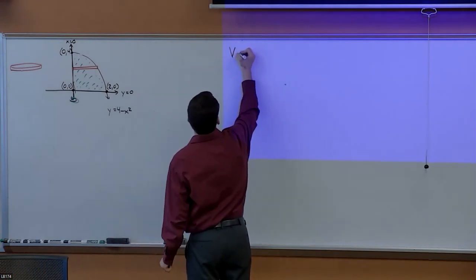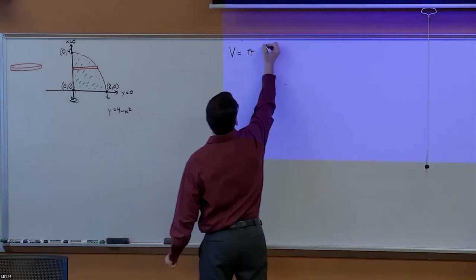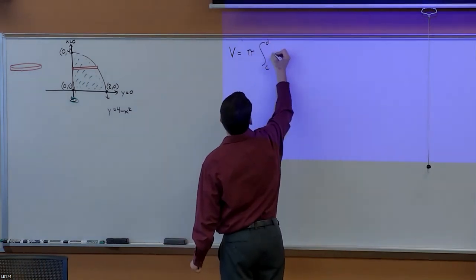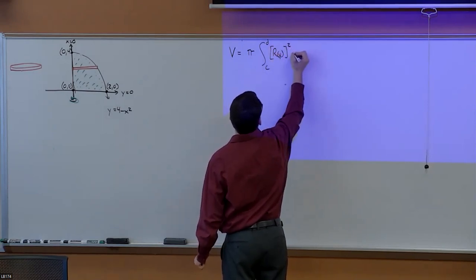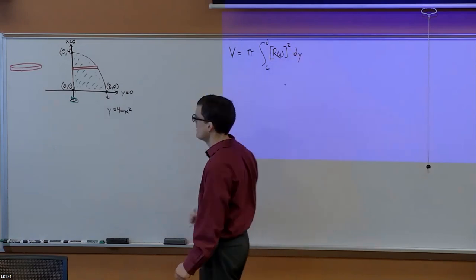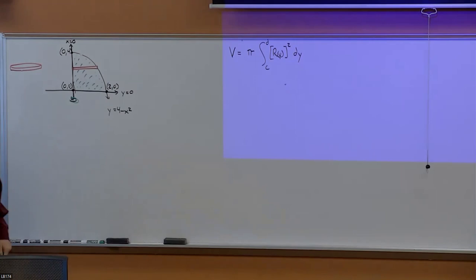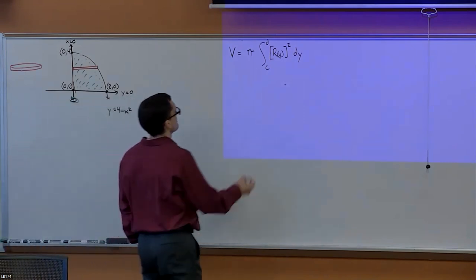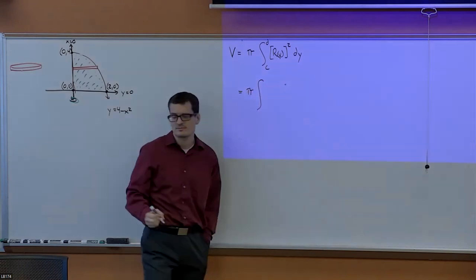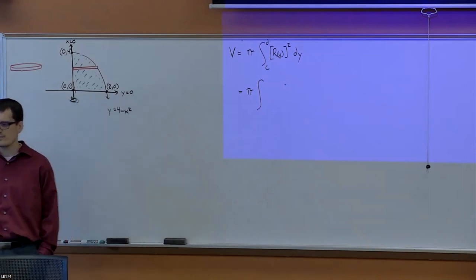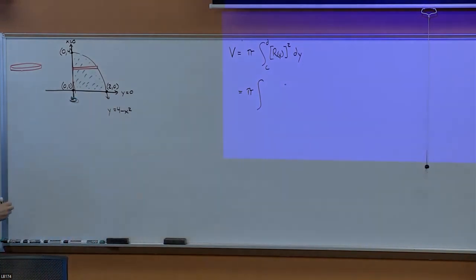So the volume is going to be pi times radius squared, but the radius is done with respect to y. The bounds are also done with respect to y.